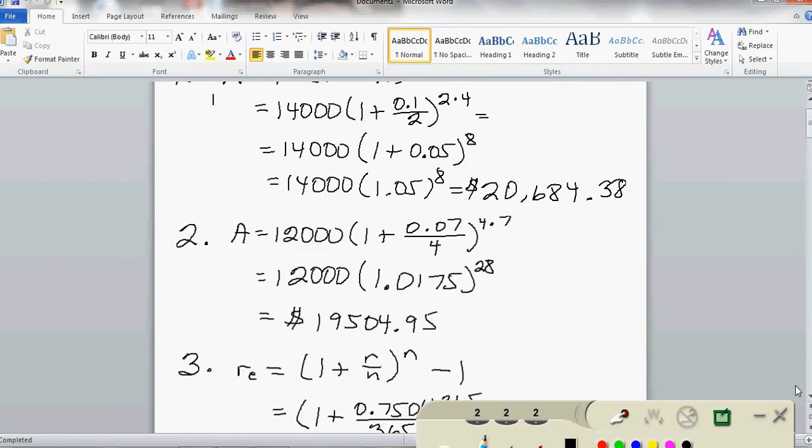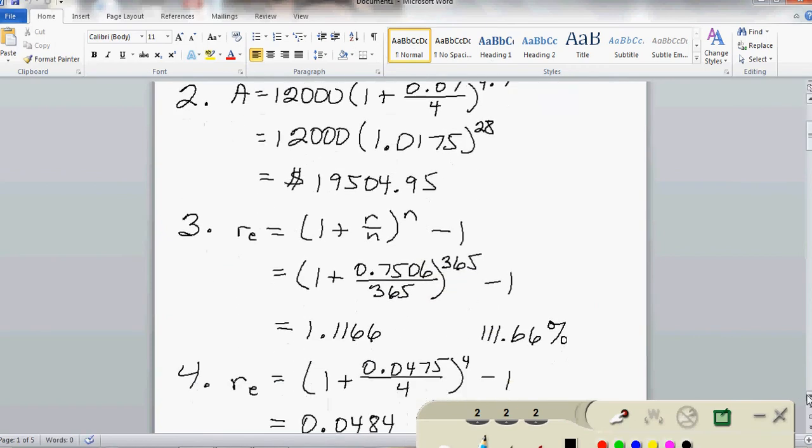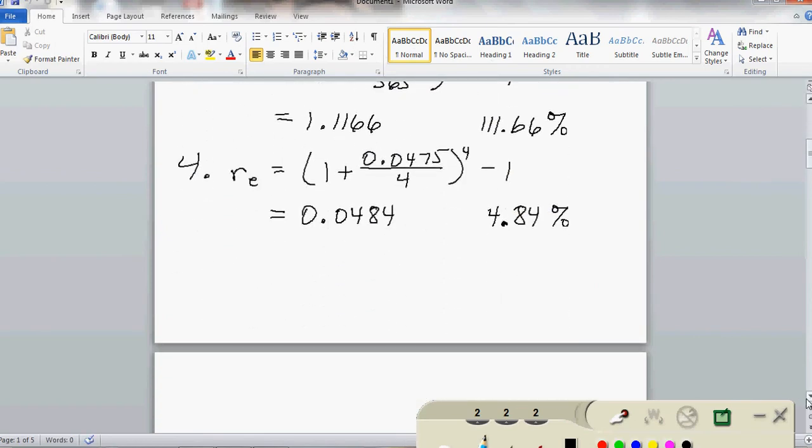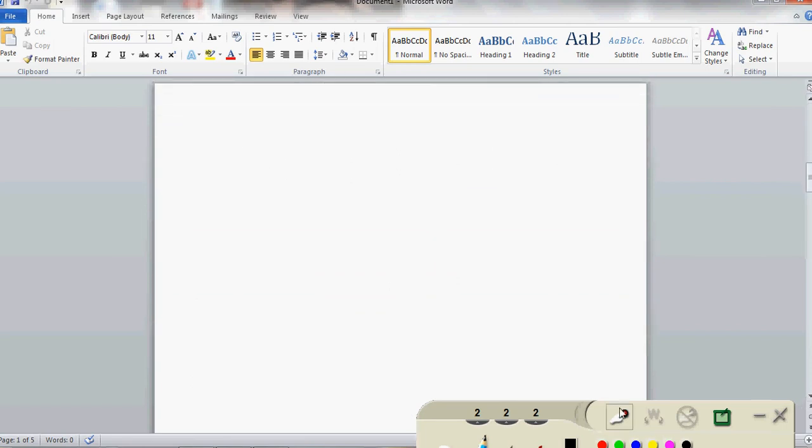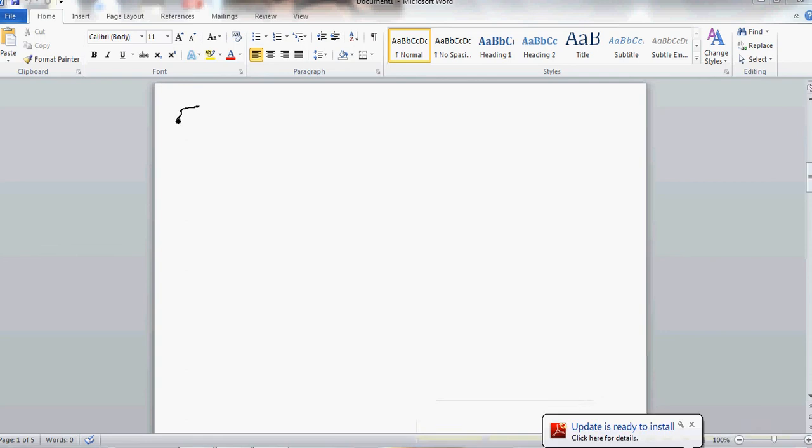Number 5 asks us to compare and see which one gives the better rate. So we are looking for the effective rate in both instances. It's all in 1 year, so it doesn't really matter, because 1 year effective rate is based on 1 year.